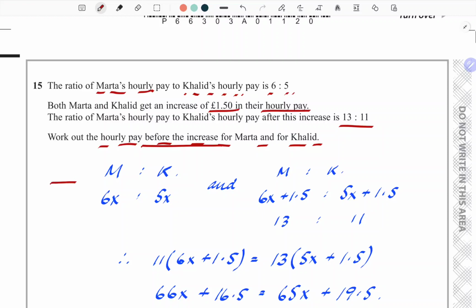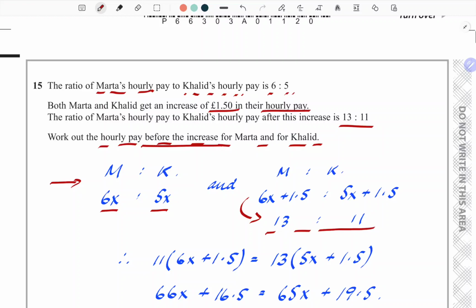We're going to start with a statement that says the ratio of Marta to Khalid, M to K, is 6x to 5x. Then it changes when they get the 1.5 hourly increase. Marta to Khalid, the ratio is 6x plus 1.5 to 5x plus 1.5. And we are given that that ratio is actually 13 to 11.